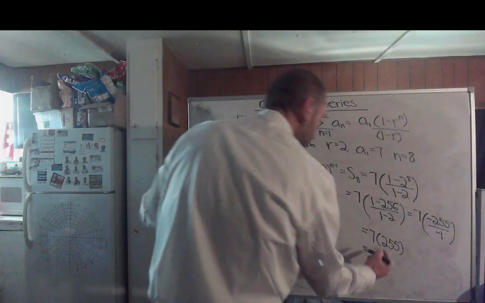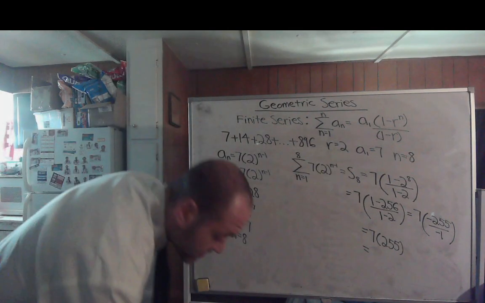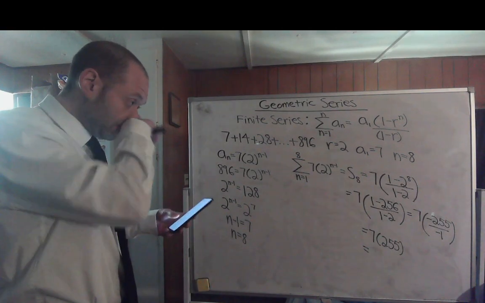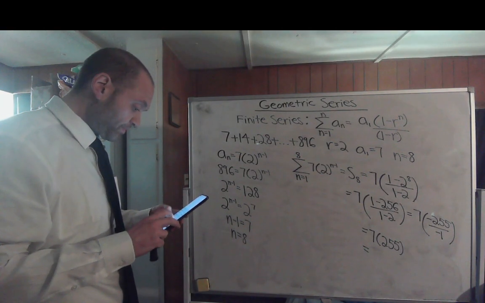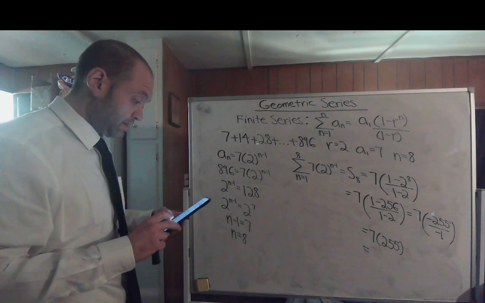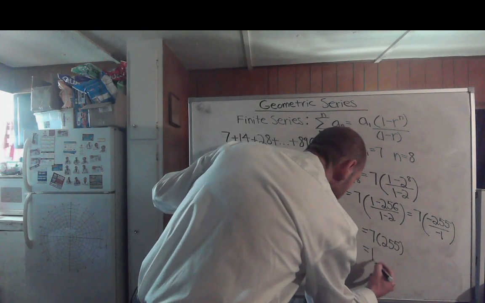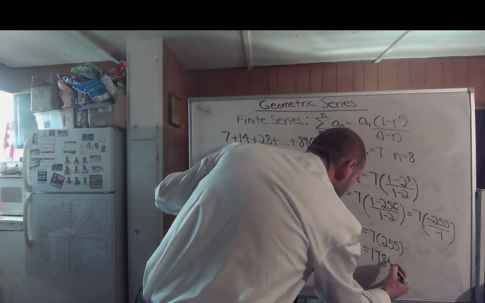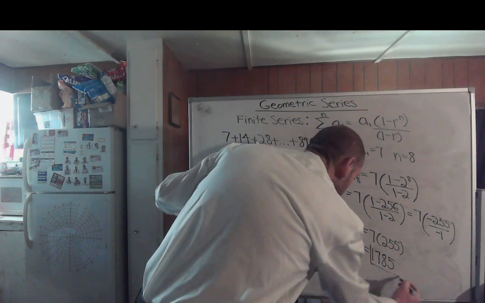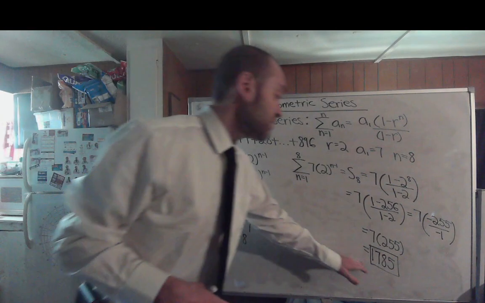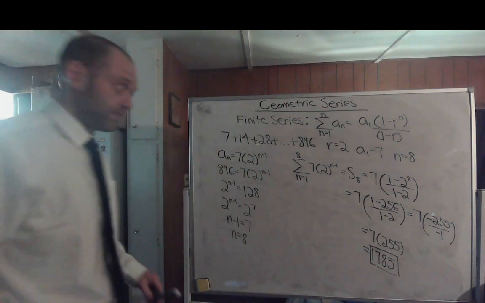Once I find that answer, I found the sum of this finite geometric series. I get 1,785. So the sum of this finite geometric series is going to be 1,785.